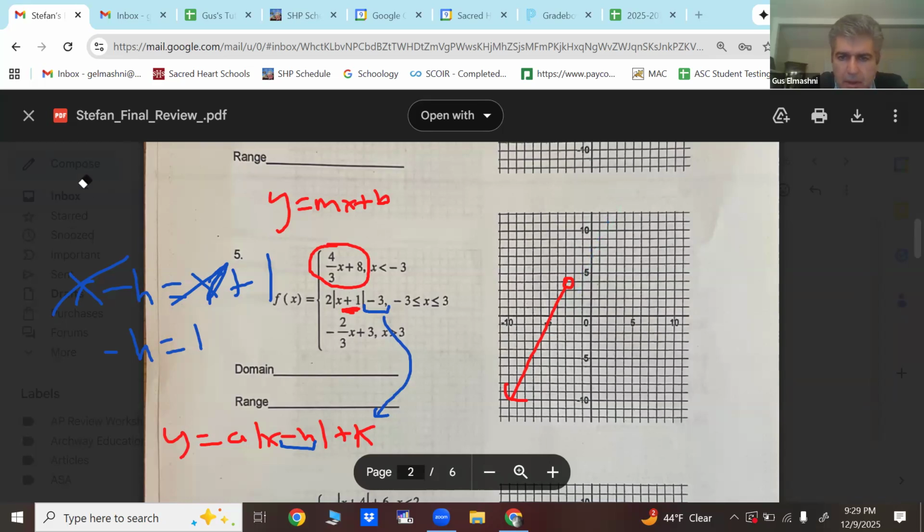Supposed to be at -1. There you go. And then put in -3. That's 2. Wait, something seems off.